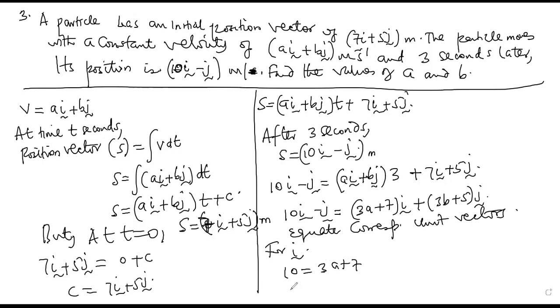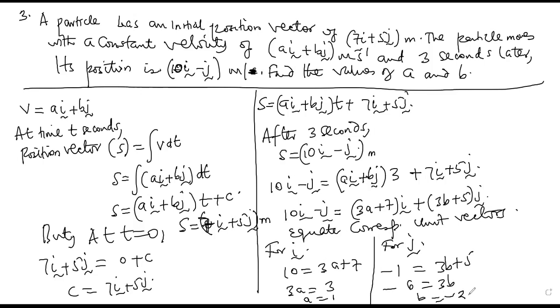So you can solve, you have 3a is equal to 3 and your a is equal to 1. For j, the corresponding unit vector this side is -1, and this side we have 3b plus 5. So this side we have -6 is equal to 3b, and we have your b as -2. Is it okay?